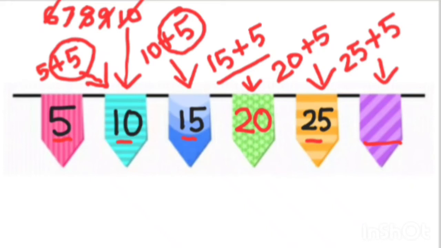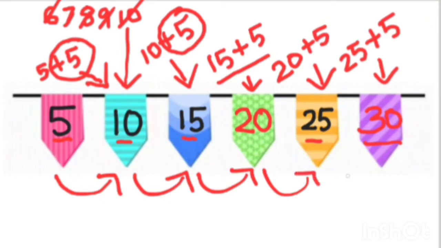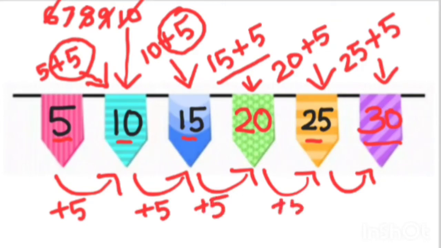Let us begin. 26, 27, 28, 29, 30. So the next number is 30. We have completed this pattern. You can see that the rule is every time a number is written, you have to add 5 to the previous number and you will get the answer.